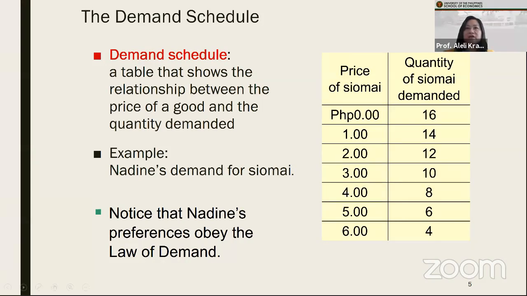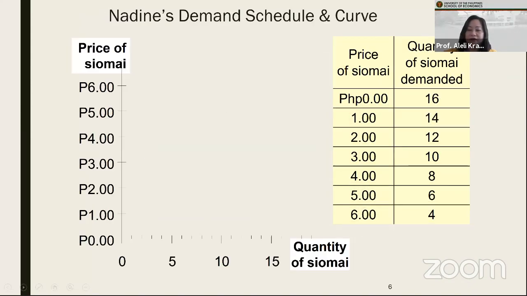Now, the other way to represent demand is via a demand curve. Okay, so this curve just plots the demand schedule as a graph. On a graph, we have the price on the vertical and the quantity demanded on the horizontal. And therefore, we can just plot the points corresponding to each price. So for instance, this point would correspond to this entry in the demand schedule.